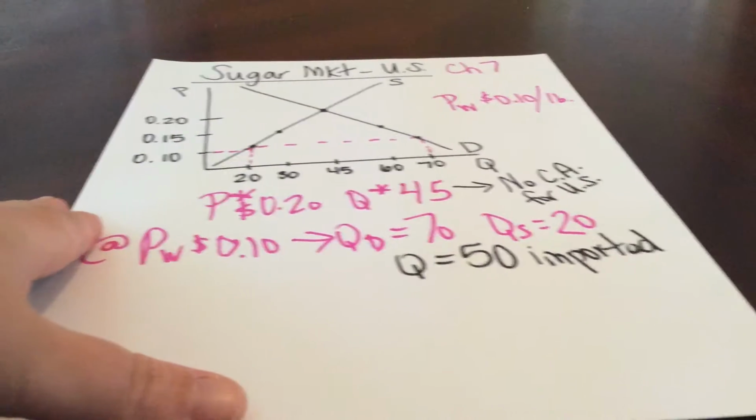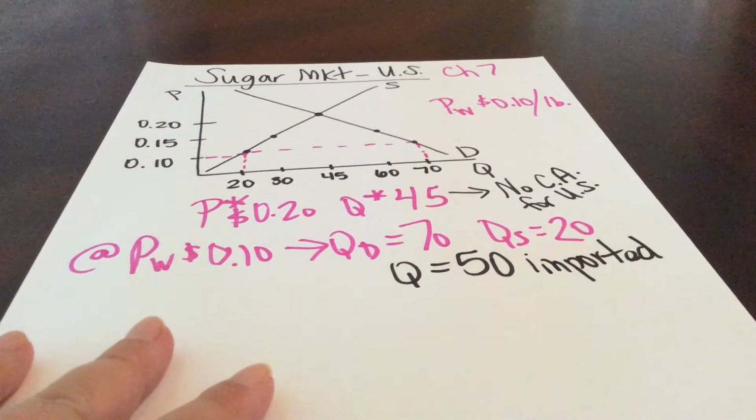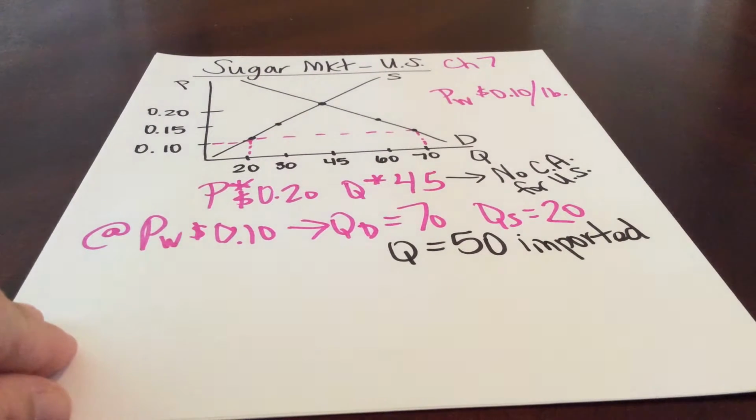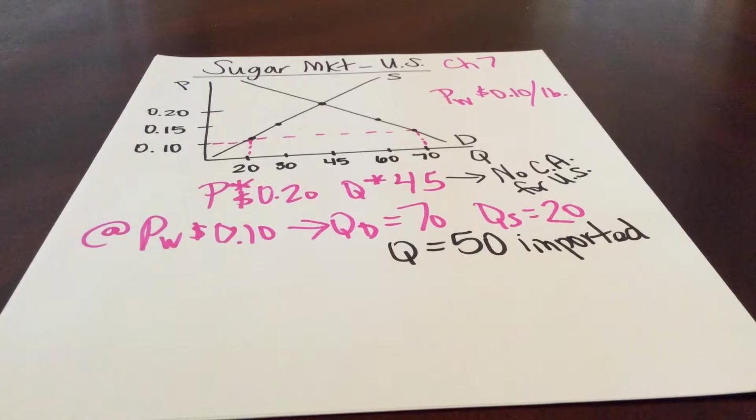But let's suppose that some sugar farmers here in the United States go to our government and lobby. They petition to have a tariff added. Recall that a tariff is a tax on an import. So they're going to petition to have a tariff added to all of the imported sugar. Why do firms want to do that?